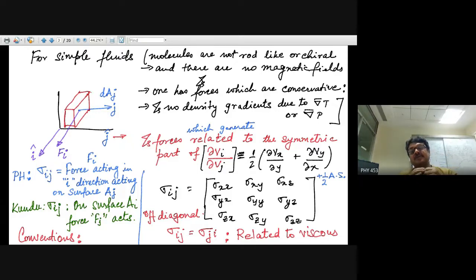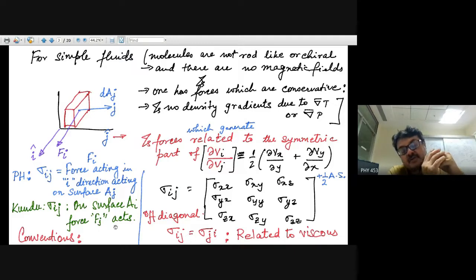Here I would like to point out that what I said is the convention of Physical Hydrodynamics by the four authors, whereas Kundu and the three authors use a different convention to define the stress tensor. They use that on surface i, force j acts, so the first index is the surface.